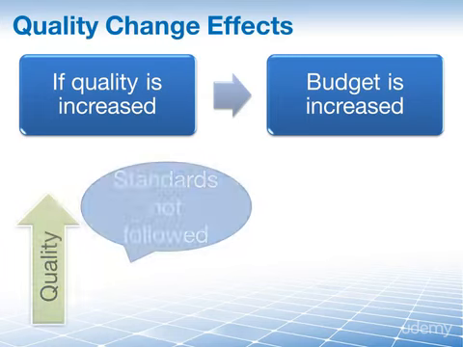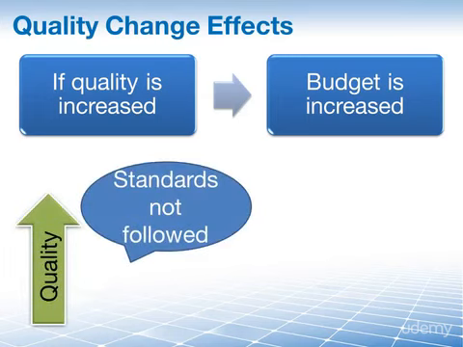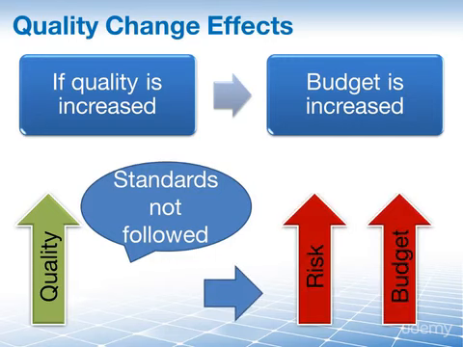If, however, you choose not to implement the quality standards and then you get audited, the financial penalties may be severe, which increases the level of risk of the project and possibly even the budget if these penalties are charged to the project budget in the end.